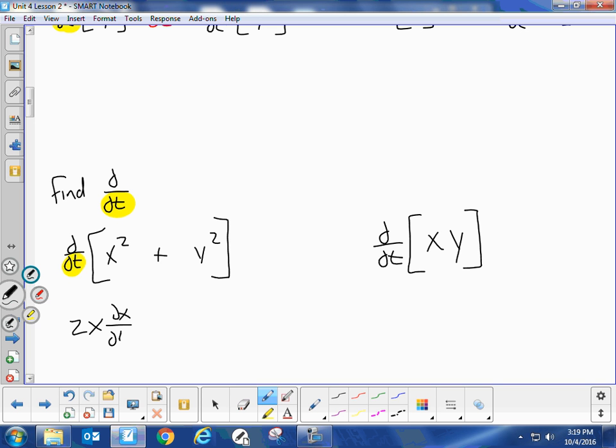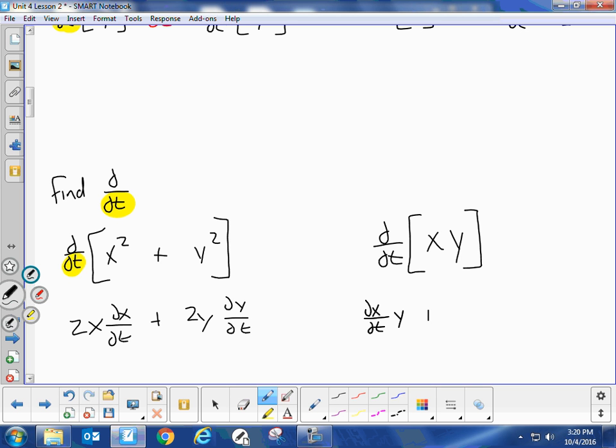Now, we will always have something after our derivative, and we have to be sure we have the correct form. This is dx dt, this is dy dt. Over here, you have to use the product rule. Nothing goes away, nothing turns into 1.